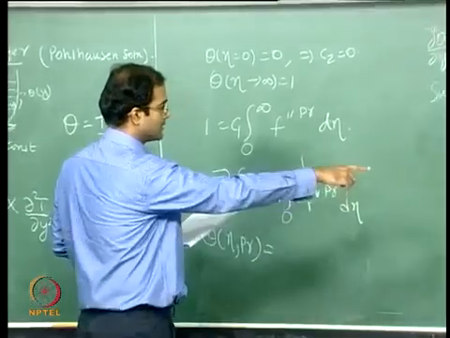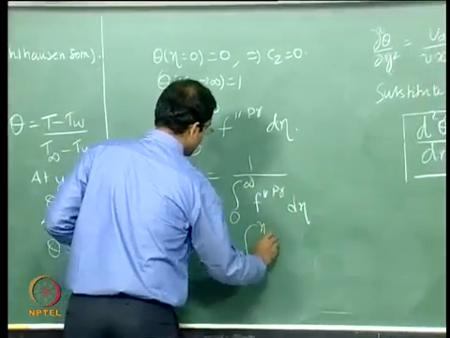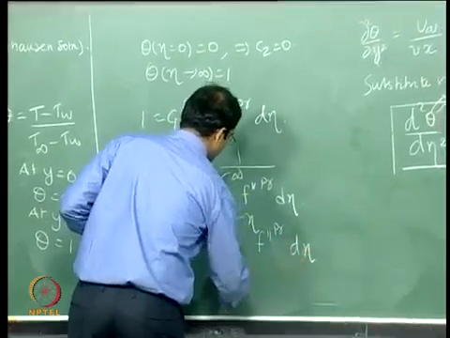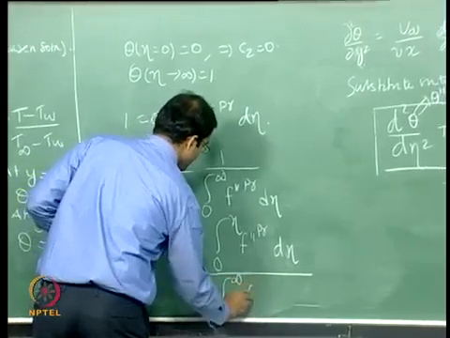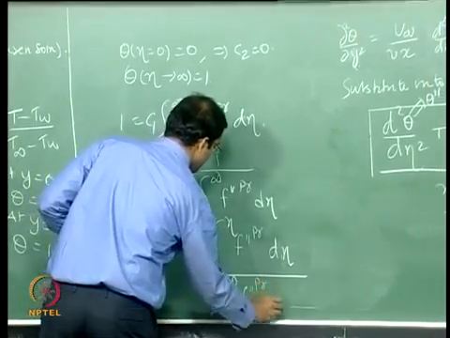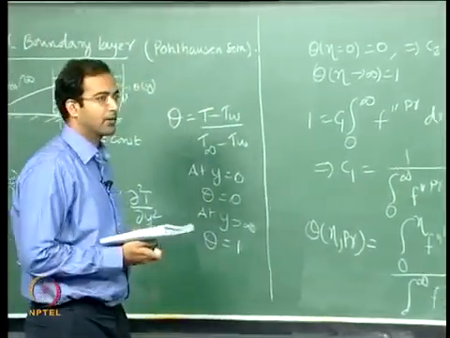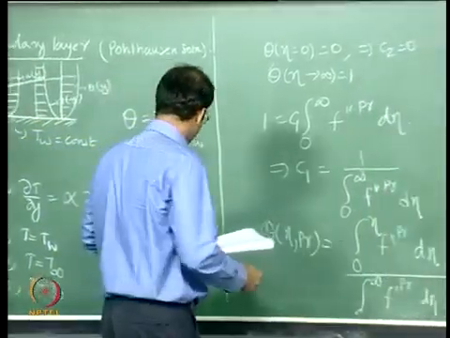That is c1, which I have calculated now. So in the numerator I have the integral from 0 to eta of f double prime to the power Pr d eta, divided by the integral from 0 to infinity of f double prime to the power Pr d eta. Everybody is convinced?